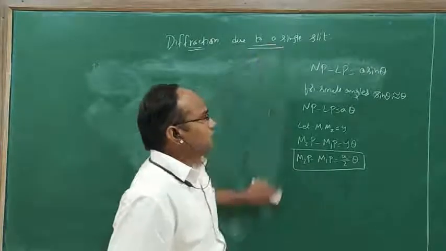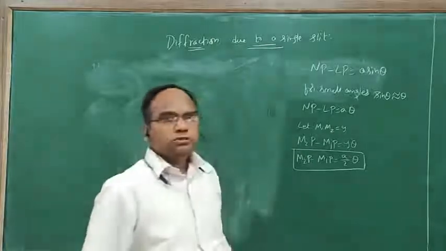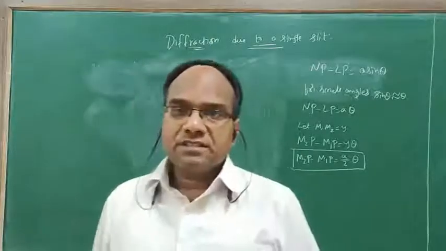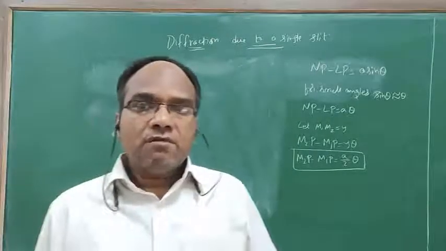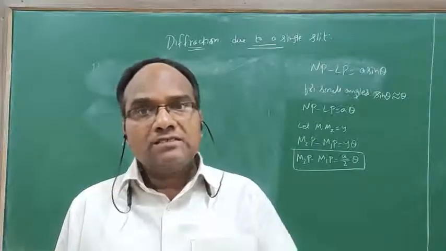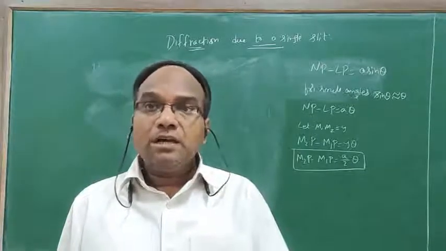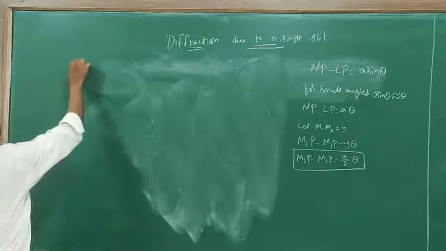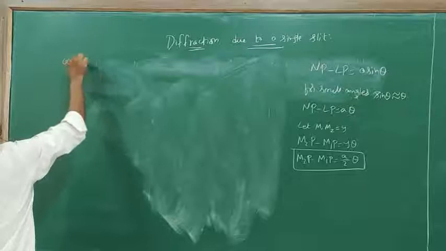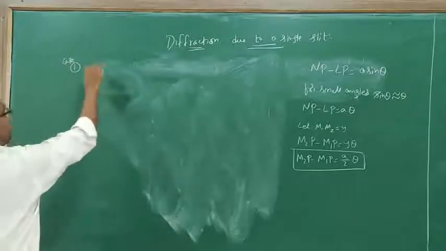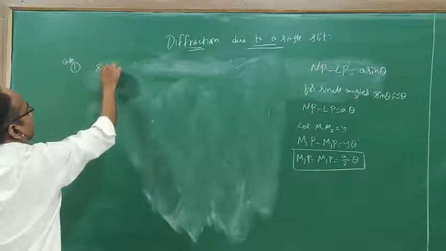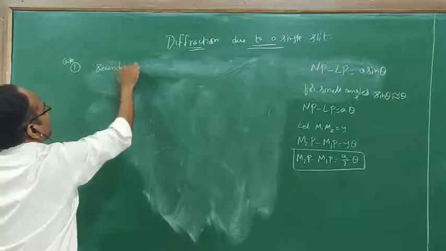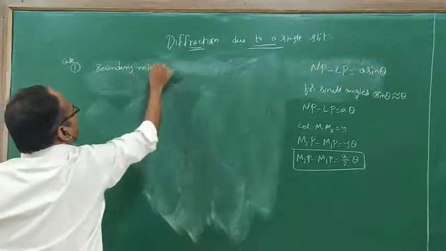We have to calculate. So there are two conditions. One is the minimum and number two is the maximum. First case is the secondary minimum.